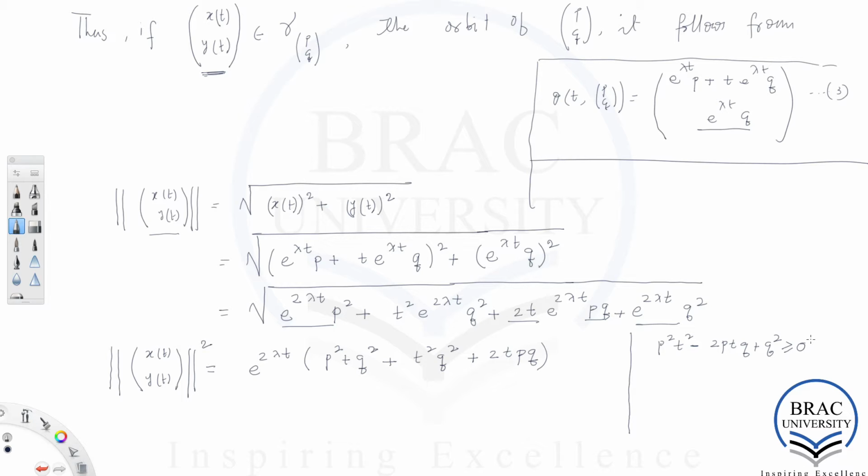No matter what I choose for p and q, this is going to be positive or 0 for all t in R. And this leads us to the fact that p squared t squared plus q squared is greater than or equal to 2ptq, or in other words, 2ptq is less than or equal to p squared t squared plus q squared.